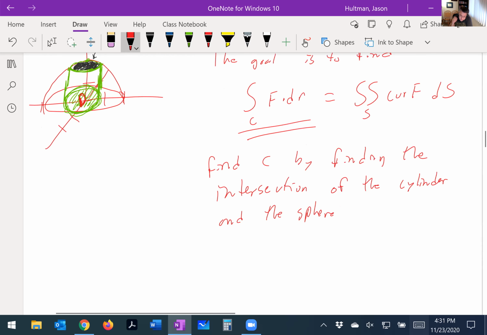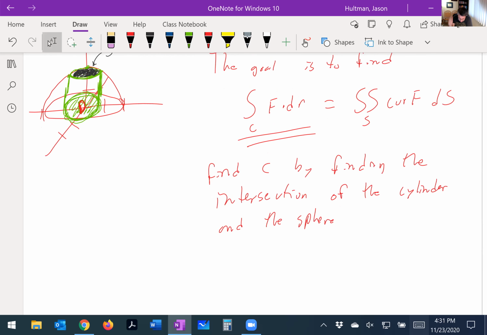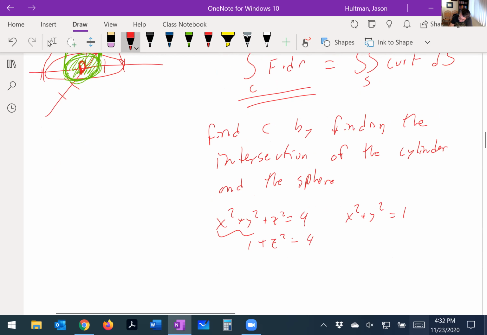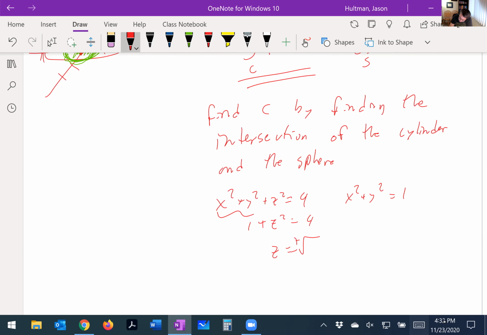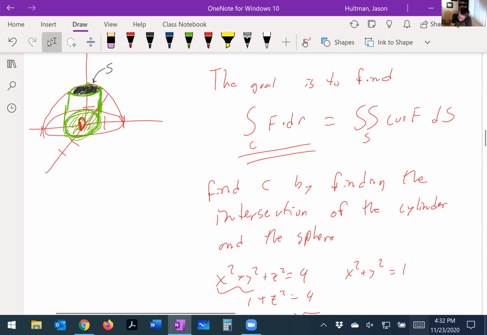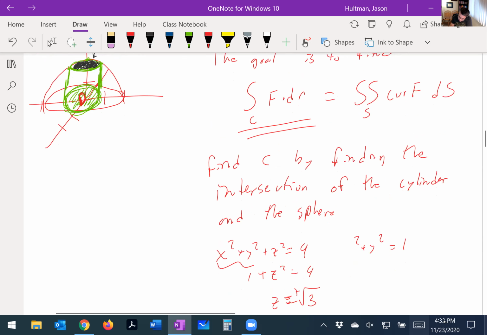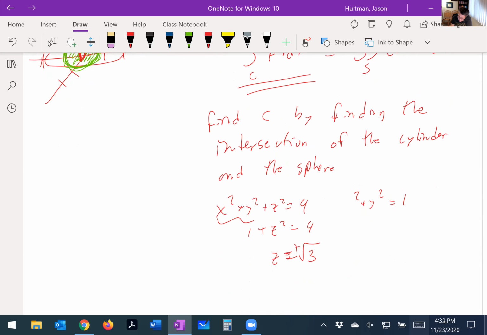So where do they intersect? Well, we have x squared plus y squared plus z squared equals 4, and x squared plus y squared equals 1. So I know that this thing is 1. 1 plus z squared equals 4. So z equals plus or minus radical 3. It can only be positive. So z equals radical 3.